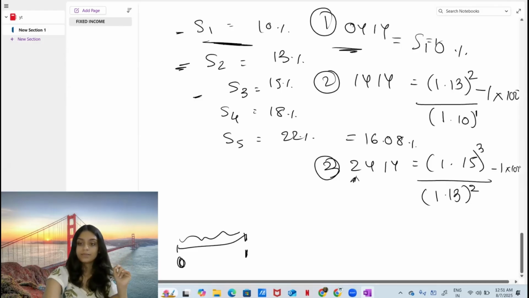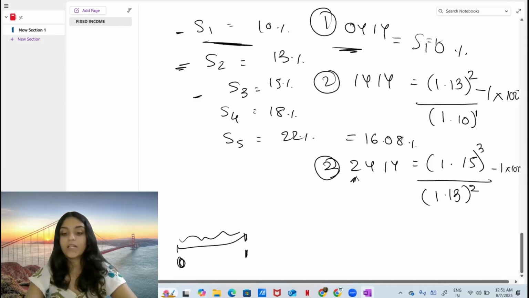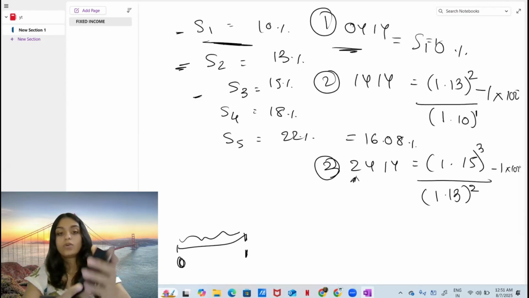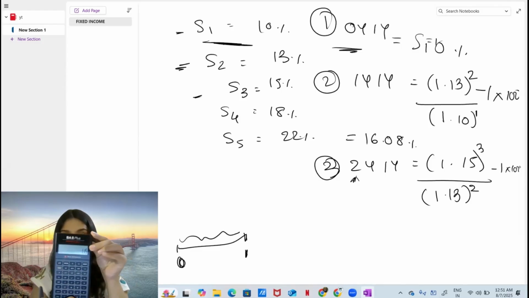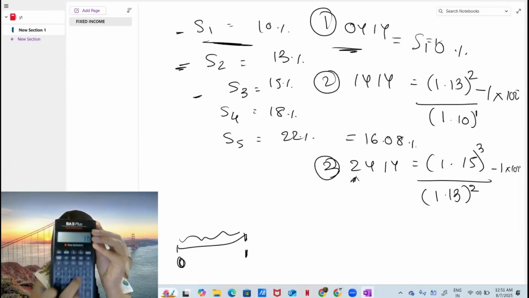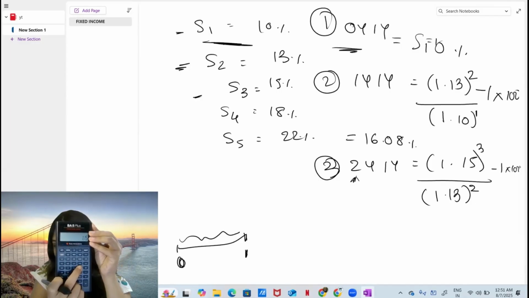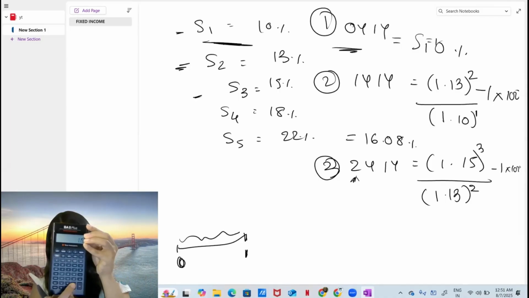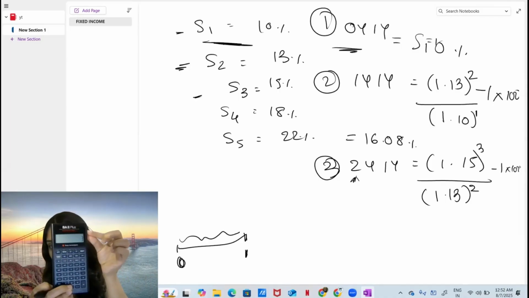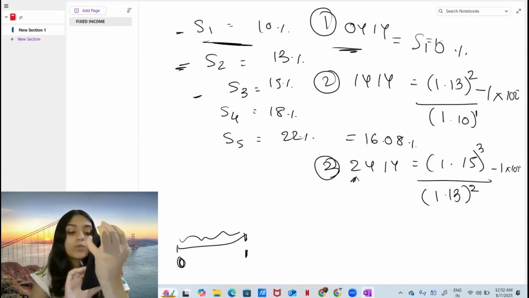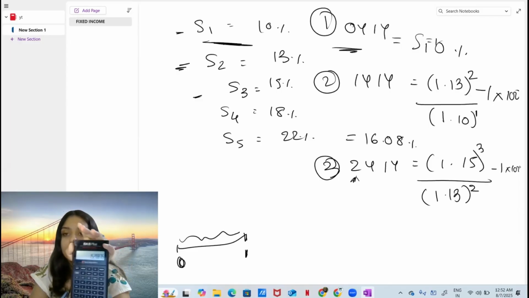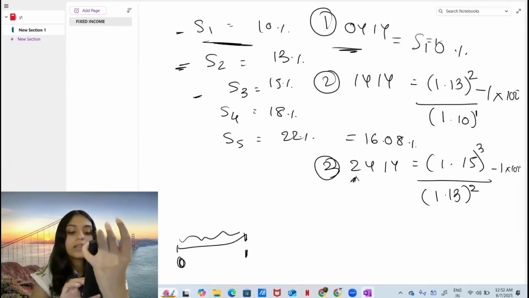Okay, let's calculate that. First type 1.15 on your calculator. Then there is a function y raised to x. Click on that, then click on 3, equal to. This will be your storage 1. Now clear work.